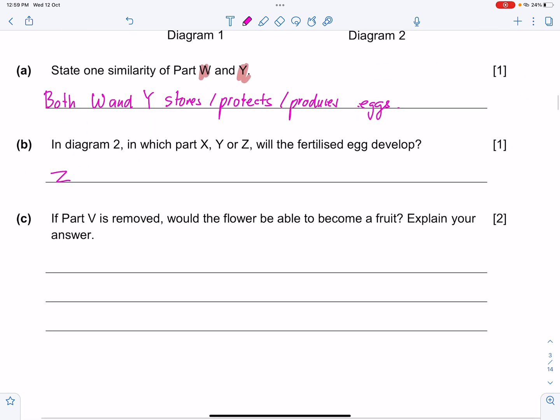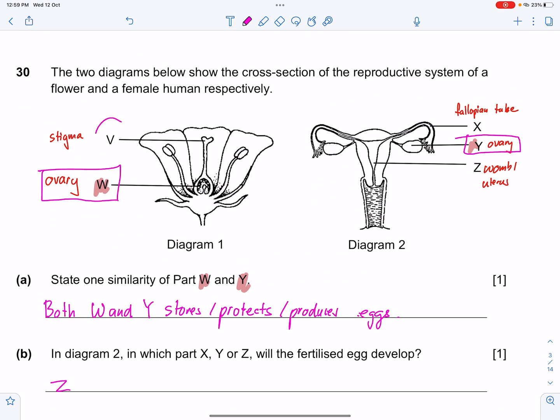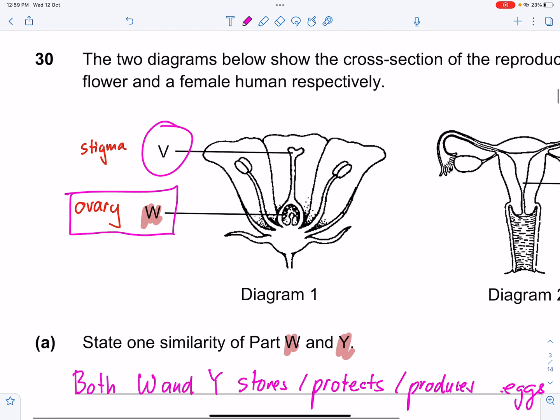If part B is removed, would the flower be able to become a fruit? Explain your answer. So V is actually the stigma. So ask yourself this question. What is the function of the stigma? The function of the stigma is to allow your pollen grains to land on it. This process is known as pollination.